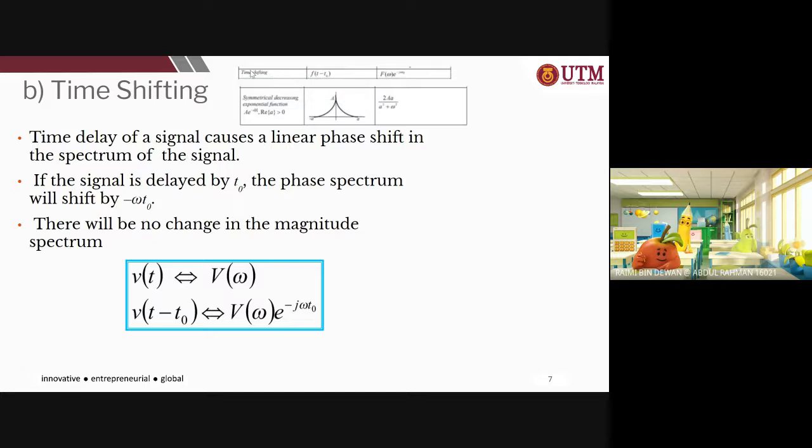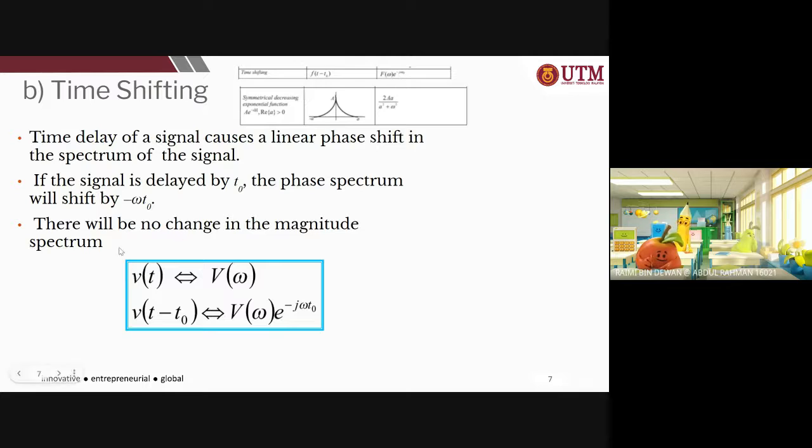If you refer to the table, first you refer to the table, you see the type of operation. So it's time shifting, and then you can see every shift of negative t naught actually will be translated to negative omega t naught in the frequency domain.